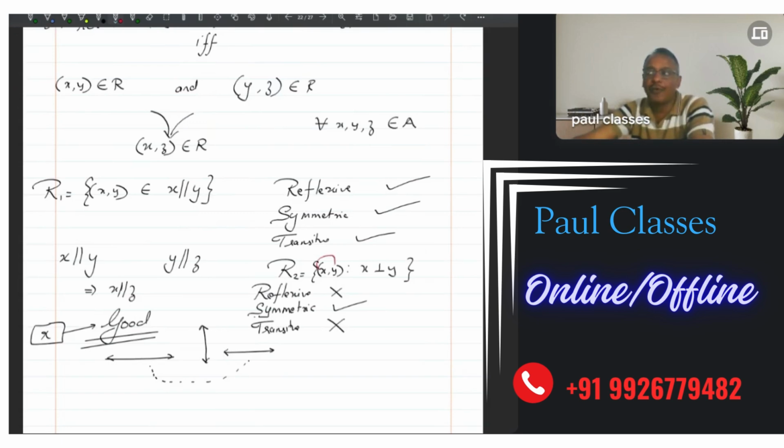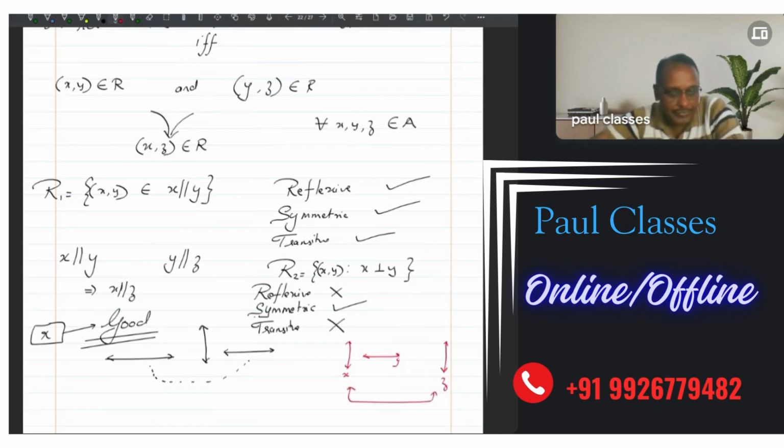X is perpendicular to Y, Y is perpendicular to Z. I'm talking about 2 dimensions now. What will you say about X and Z? Are they perpendicular to each other? They are not perpendicular. In 2 dimensions, they would be parallel to each other. So that's why I'll say they are not transitive. Understood?